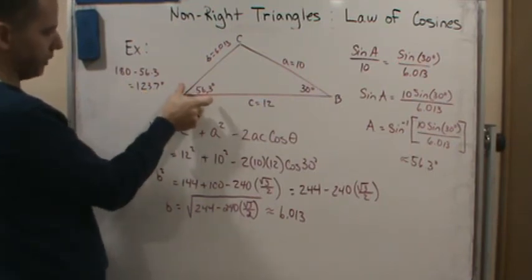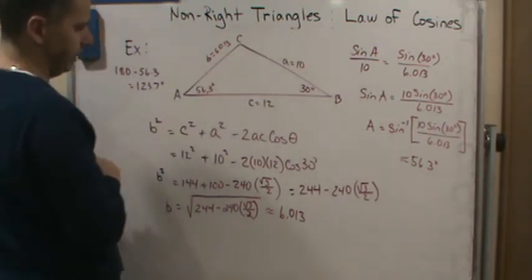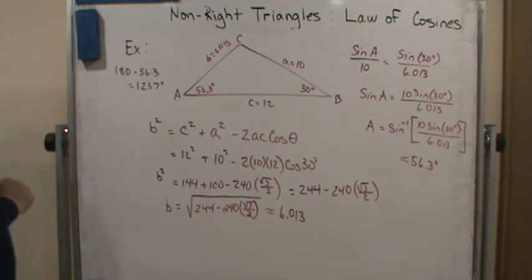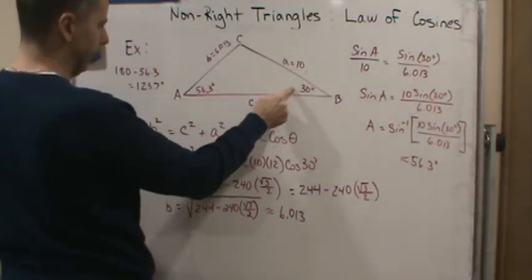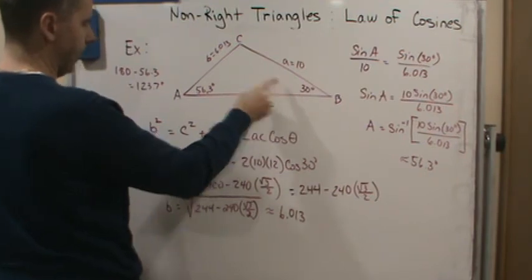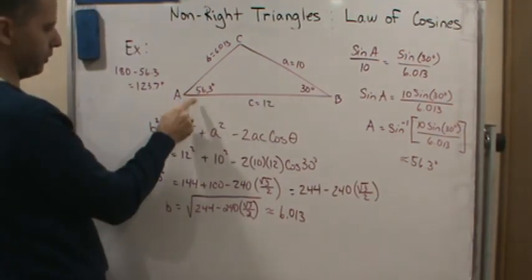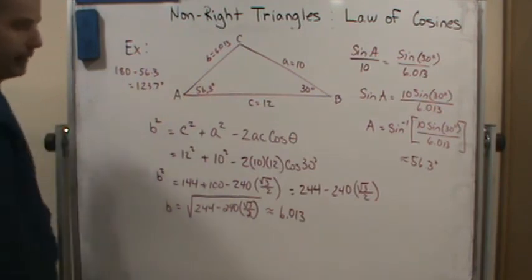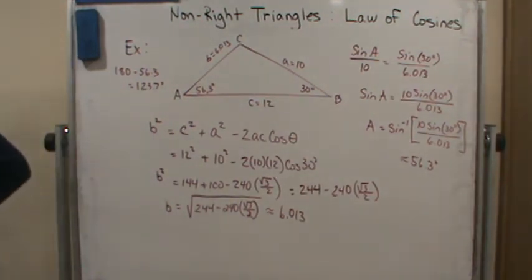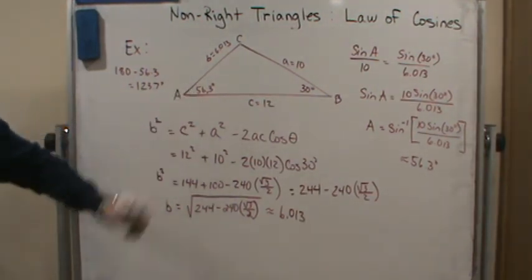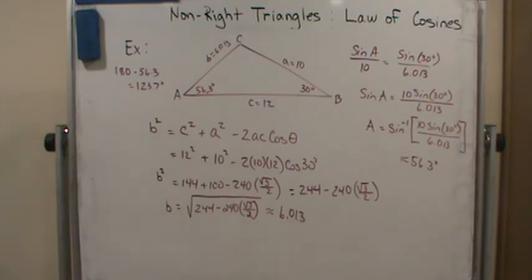If this was 123.7 degrees, then this would be the largest angle, because this is 30, and this is 123.7, and that would make sense. So that's why we're going to stick with 56.3 degrees.